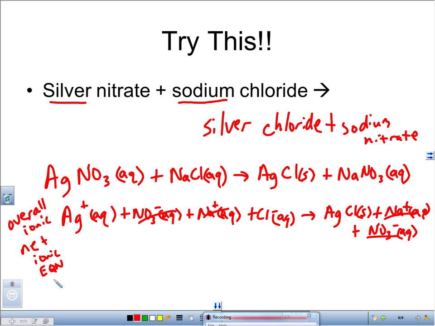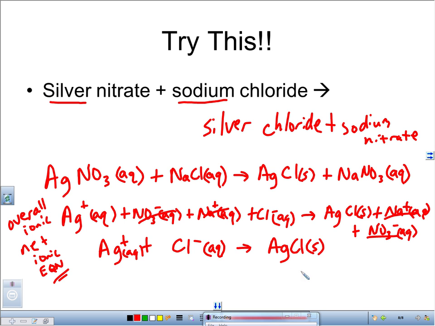So my net ionic equation is just Ag+ (aq) plus Cl- (aq) yields AgCl solid. Now obviously this one's a little bit more simplistic, just because all the ions are +1 or -1 charge.